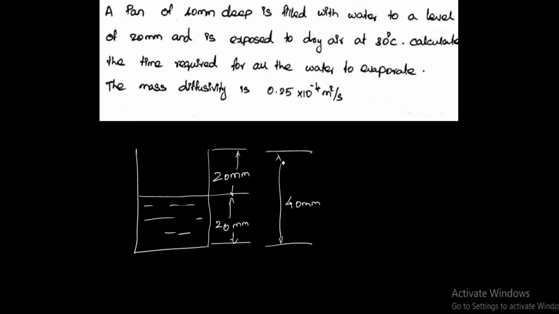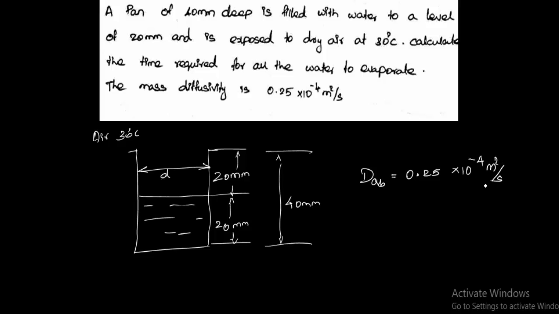Okay, this is a representation of the diagram, and it is exposed to dry air at 30 degrees Celsius. So this is the diameter of the flask or tube or test tube, whatever it is. Here the air is at 30 degrees Celsius and the mass diffusivity, that is DAB, is 0.25 into 10 to the power minus 4 meter square per second.